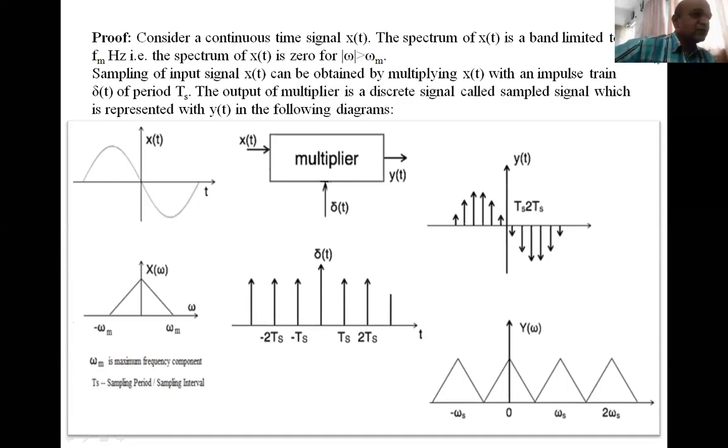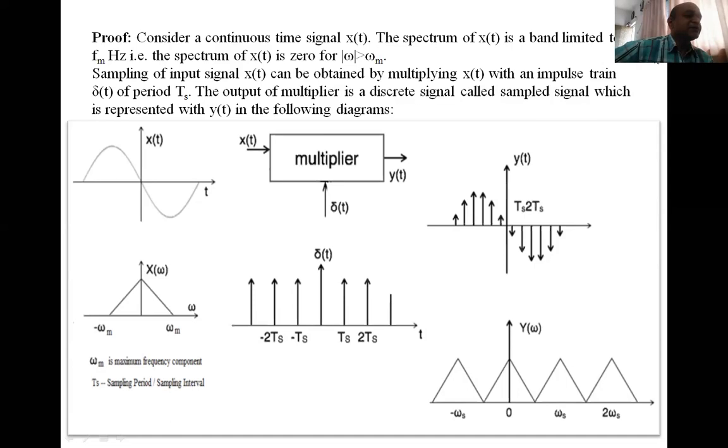Now omega s is the angular frequency of the Fourier transform, equal to 2 pi divided by Ts, and omega s is known as the sampling frequency. So now we have two frequencies.